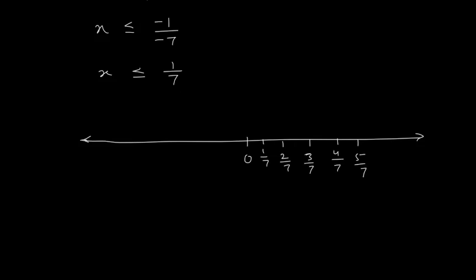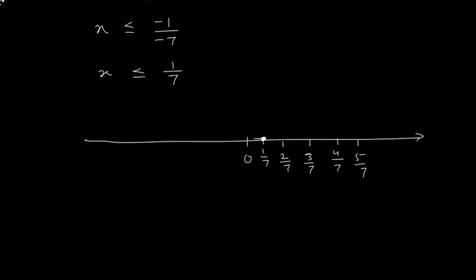We have to include this 1 by 7. So this 1 by 7 we mark like this, and then we draw a line like this. Or what else you can do, you can show it a little above this number line.